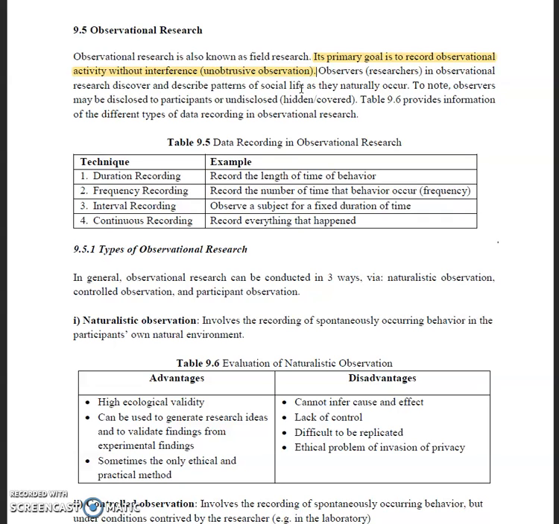The following information that we have here is a table of information about the different types of data recording in observational research. So we have 4 here. Number 1, duration recording. So we will record the length of time of behavior.